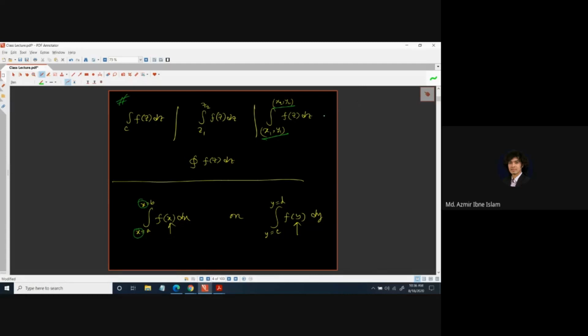So that's why our first target is to convert all these things to our known functions, that is f of x or f of y. So our target should be to convert f of z to either f of x or f of y, so that we can easily integrate all these things.